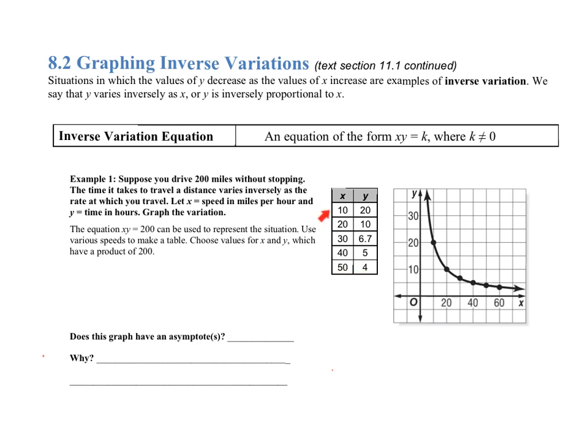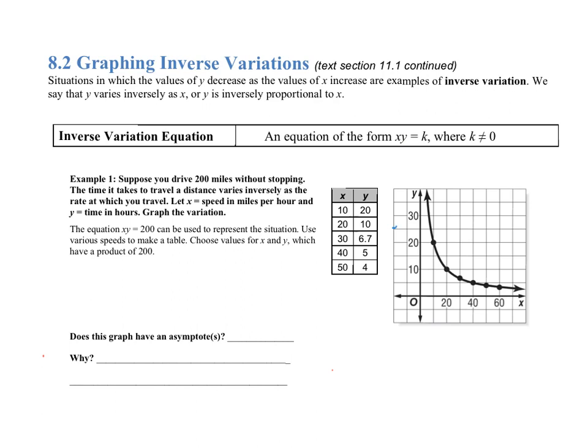So as my speed increases, the time it takes me to travel my 200 miles is going to decrease. But every one of these combinations has to multiply out to give me that 200, that constant of variation in this question.